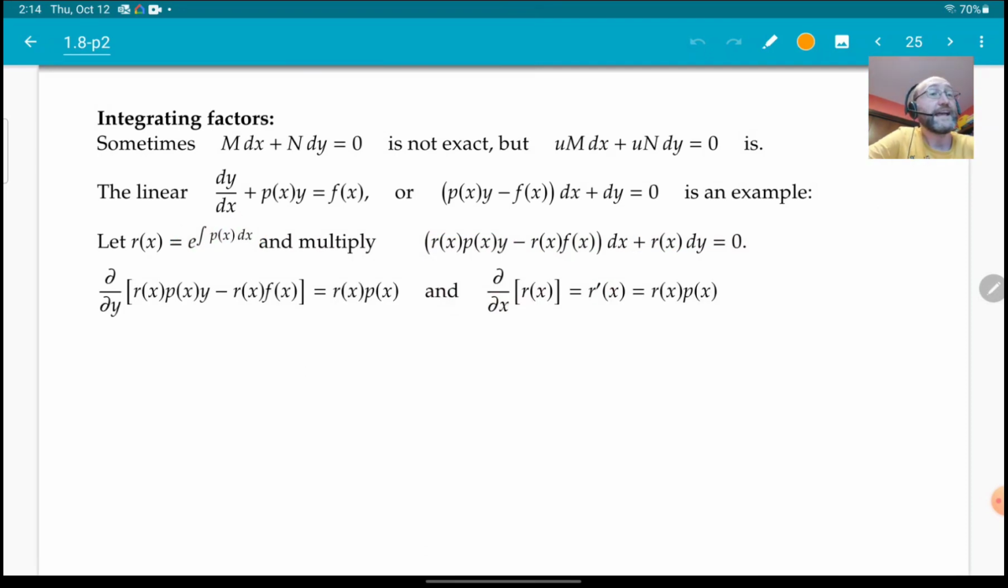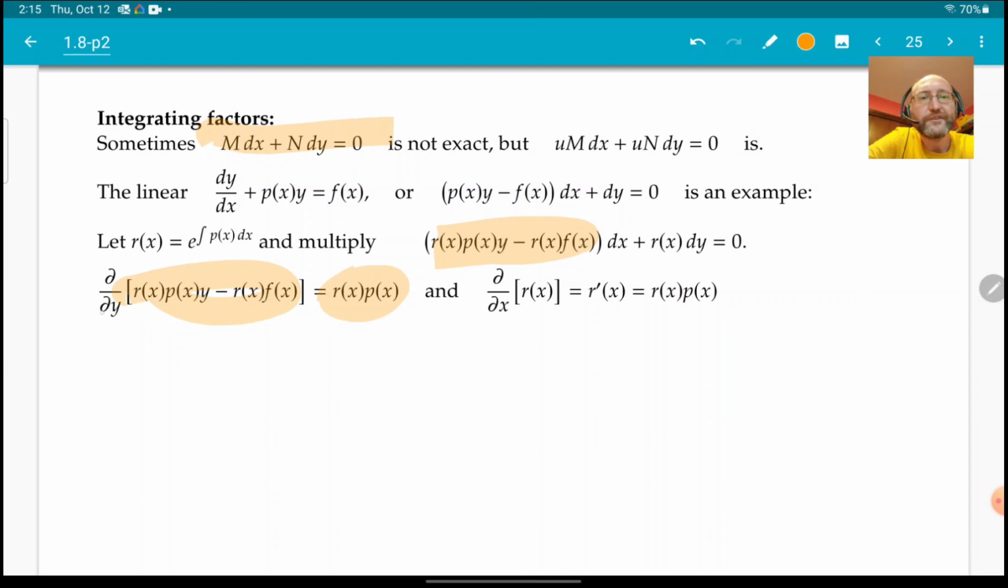And that equation is exact. This would have been the M, if it was of this form. If we differentiate it with respect to y, we just get r times p.